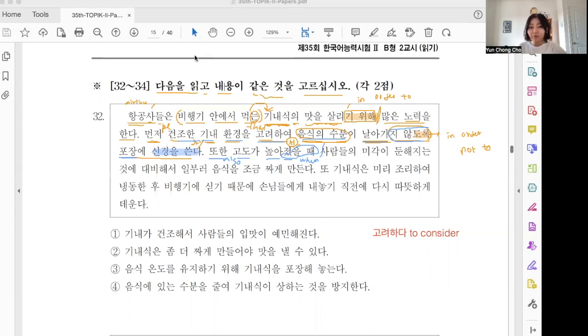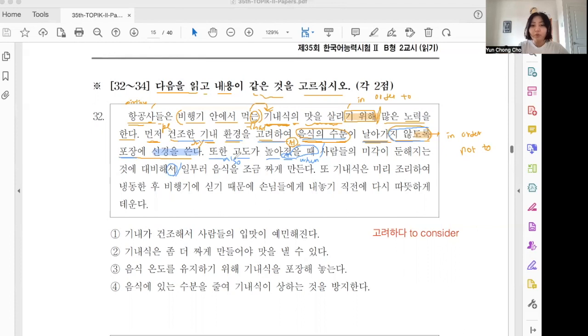But double S under is for the past tense. So when the altitude became high, 사람들의 미각이 둔해지는 것에 대비해서, we have an expression here, 서, which can be because, or and then. So whenever you see this long sentence, you have to briefly look at the expressions, because usually you can break it into several phrases with the expressions.